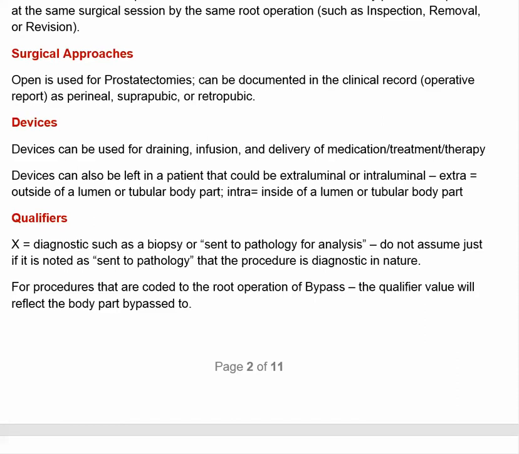If that's not the case, if they already know the patient has cancer, they already know the patient has a benign tumor, then your procedure is not diagnostic in nature. Yes, they're going to send that mass that they removed from the patient's body to pathology, but they already knew what the mass was before they began the procedure.